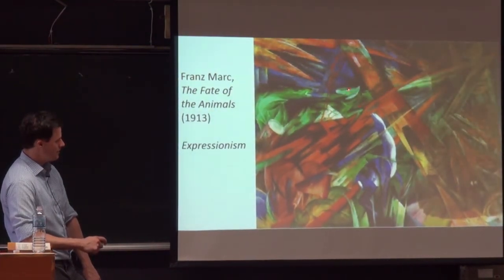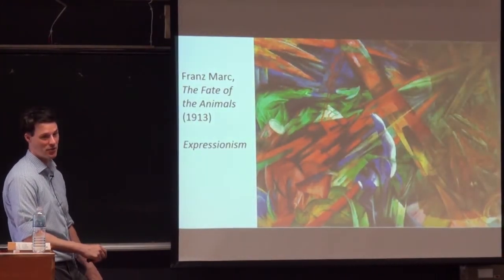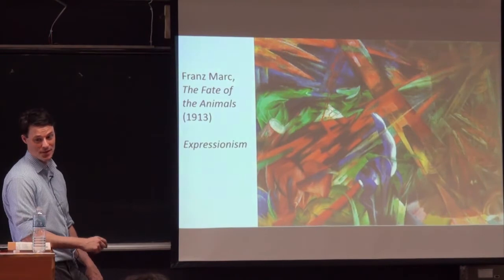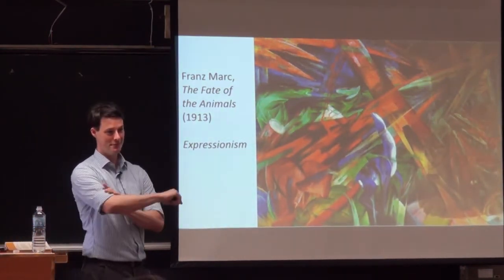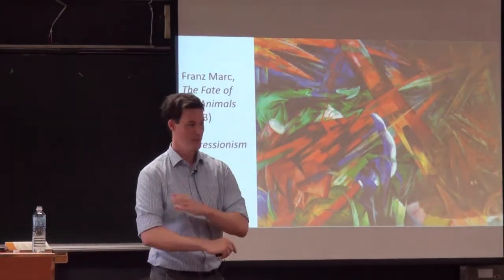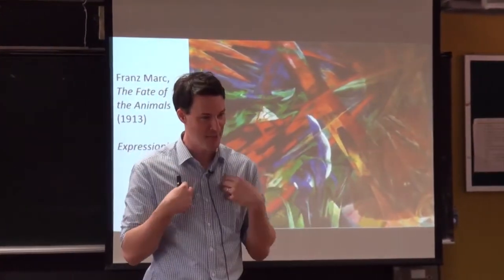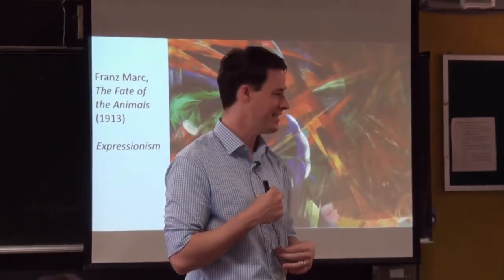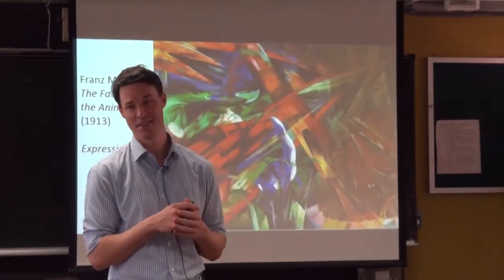What about the color in this painting? If I told you to describe the color of this painting, what would you say? You could say, I'm answering my own questions today. I hope you don't mind. I could say, well, this uses a lot of primary colors.